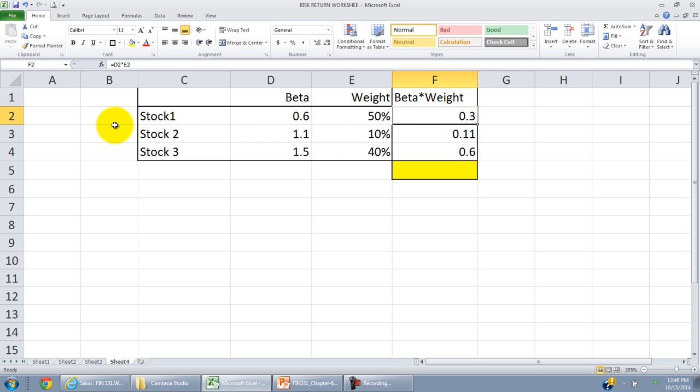Okay, so each stock contributes that much to the portfolio beta. So the total portfolio beta equals the sum of individual components. So here we go. For this portfolio, the beta is 1.01. So even though some are higher than 1, some are lower than 1, but eventually on average the portfolio has a beta of about 1. Okay, thank you.